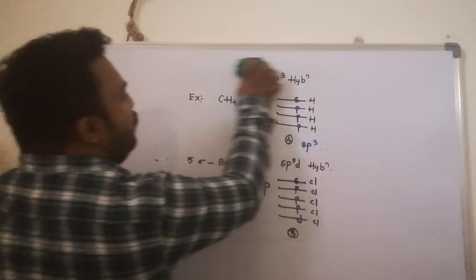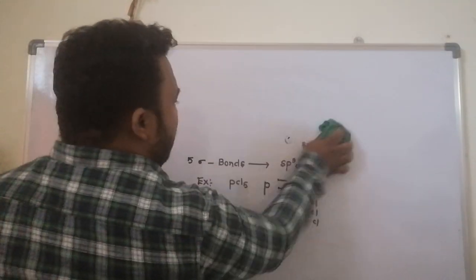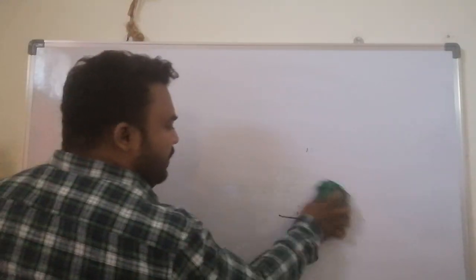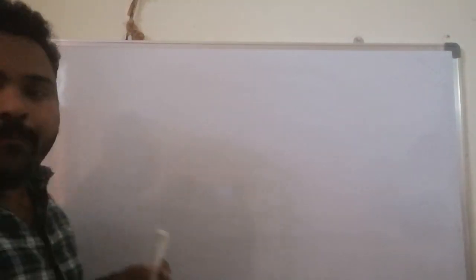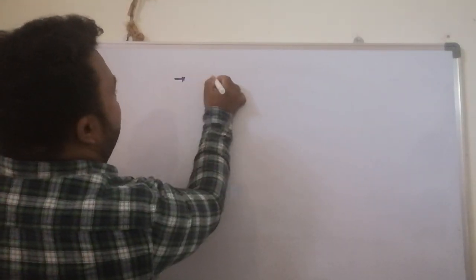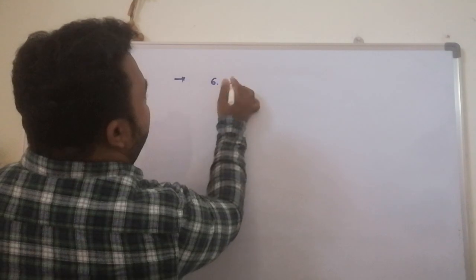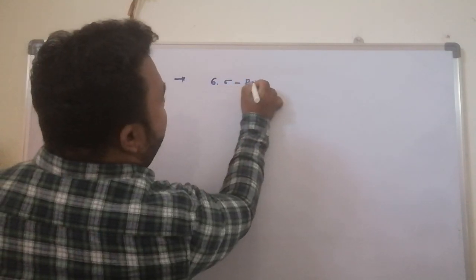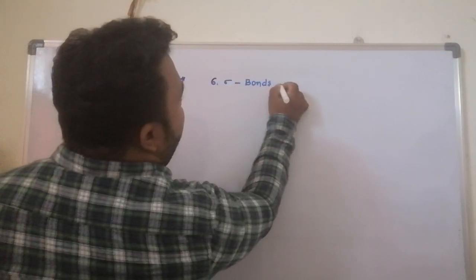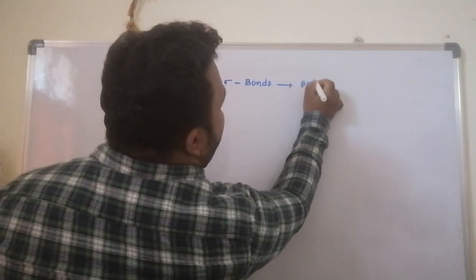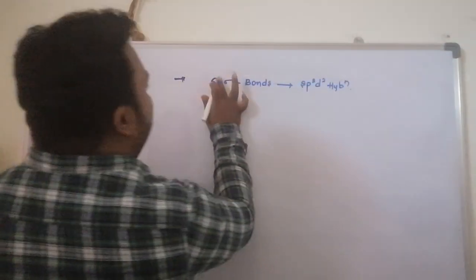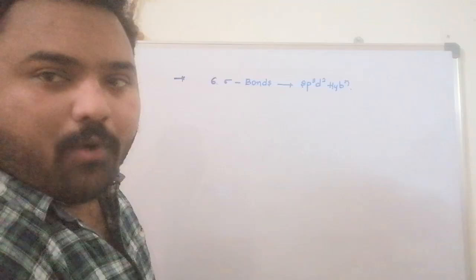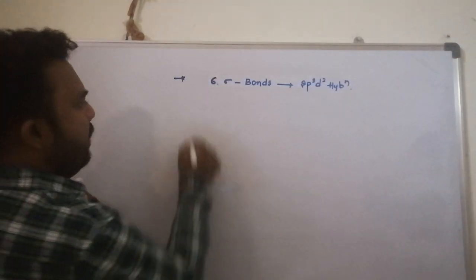Now I am going to show that if 6 sigma bonds are present in a molecule, then the hybridization is sp3d2. 6 sigma bonds are formed, sp3d2 hybridization.